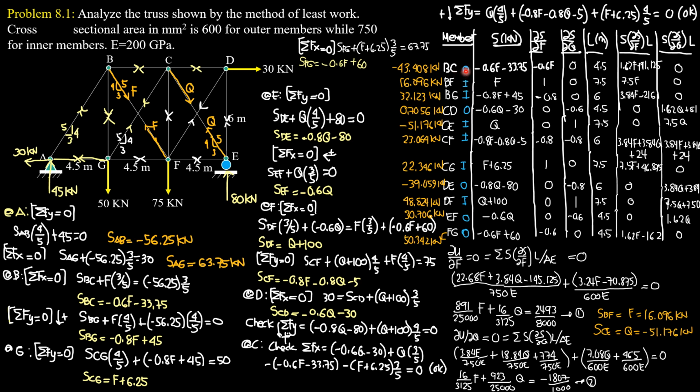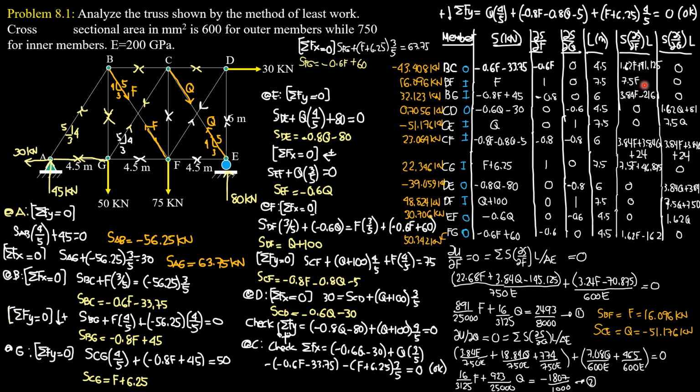So BC is an outer member, BF inner, BG inner, CD outer, CE inner, CF inner, CG inner, and DE outer, DF inner, EF outer, FG outer. So we add the inner members first.